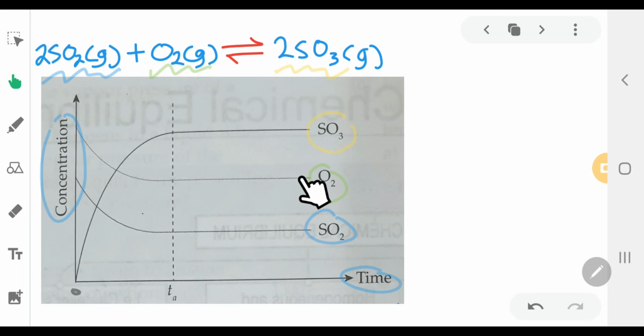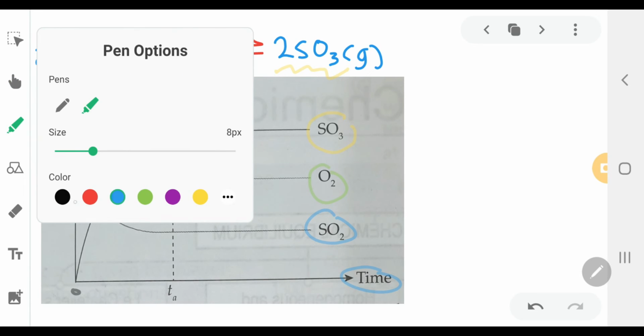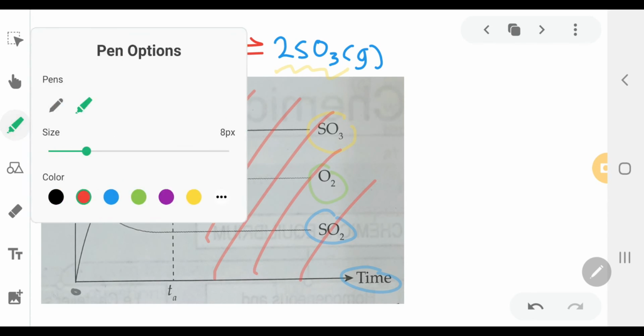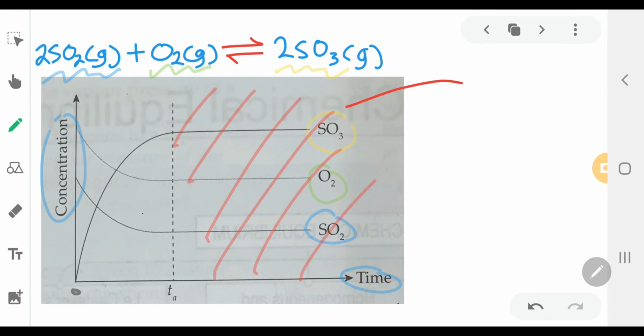Same goes to this. It will be constant. Okay, so no matter how long you want to keep it up, it will stay constant. So this one will also stay constant. This one is also going to stay constant. So what is going on here, guys? Essentially, what's going on over this area is they have reached equilibrium.